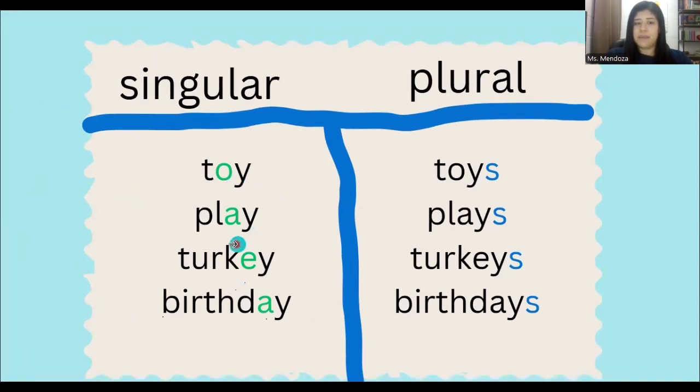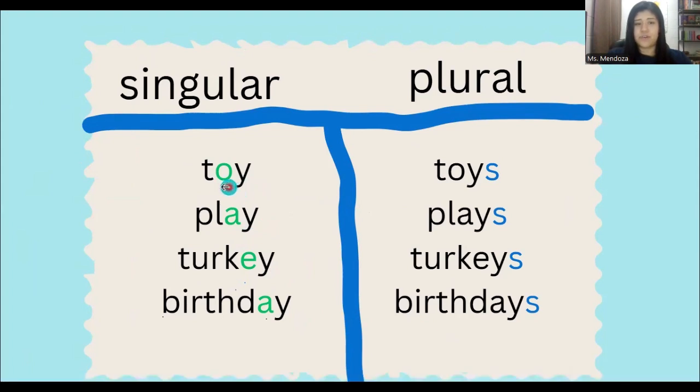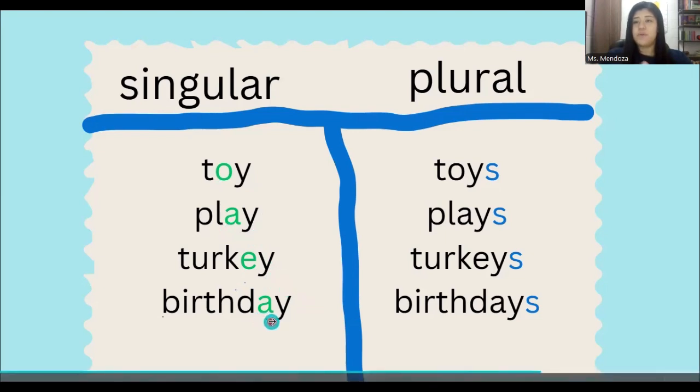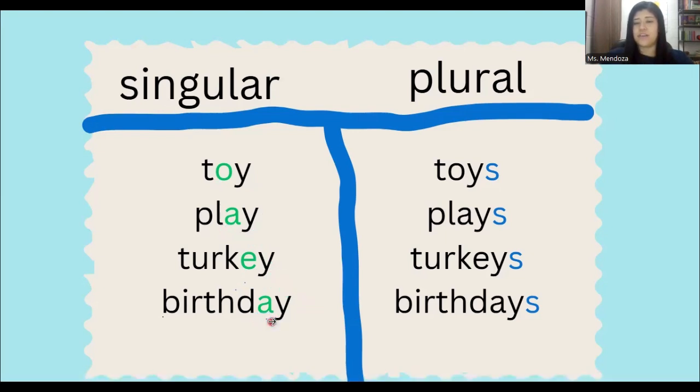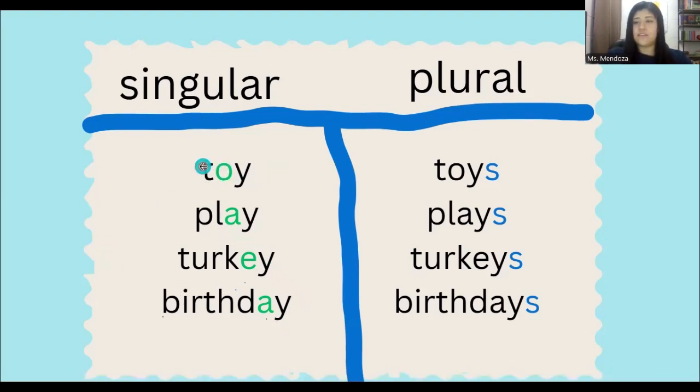Toy, play, turkey, and birthday. However, they are after a vowel: O, A, E, and A. What we are going to do is simply add an S after the Y. So toy, it's our singular word.